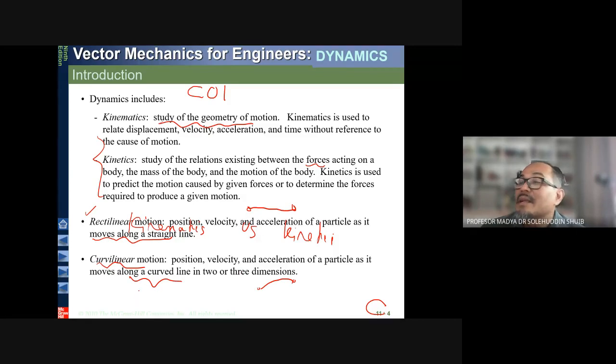Basically, we talk about position, velocity, and acceleration. Dynamics doesn't have many complicated equations like other subjects. These are the three items that we are dealing with again and again: displacement, velocity, and acceleration.